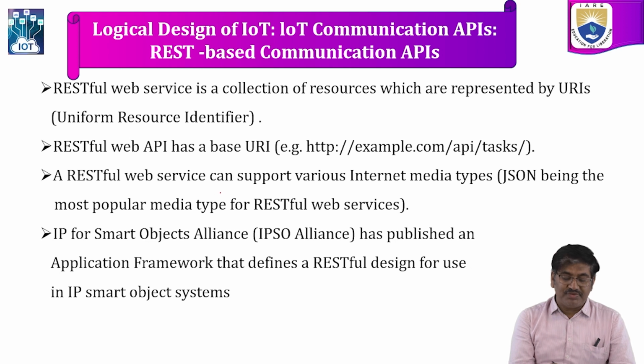The RESTful web service can support various internet media types, JSON being the most popular media type. The IP for Smart Objects Alliance, that is the IPSO Alliance, has published an application framework that identifies the RESTful design for use in IP smart object systems.